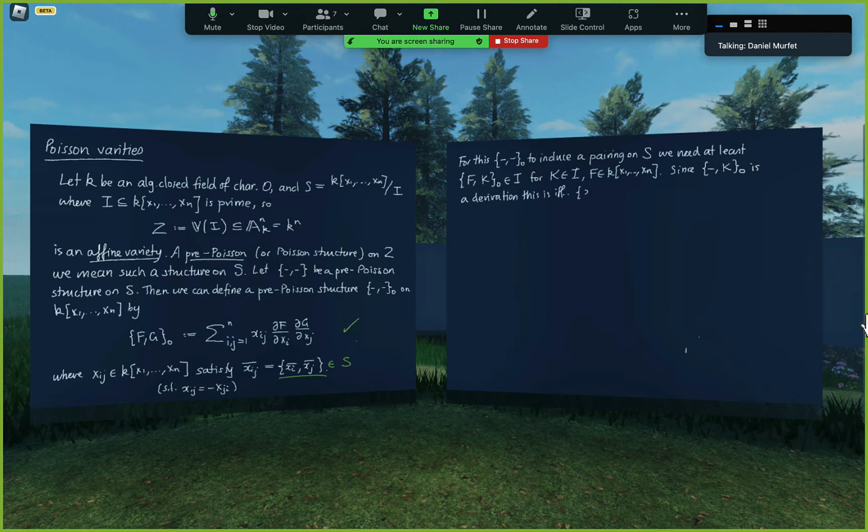So that's if and only if for every xi this works. Or what's by definition the same, we need that this expression here belongs to I.